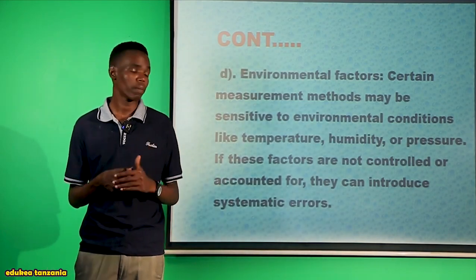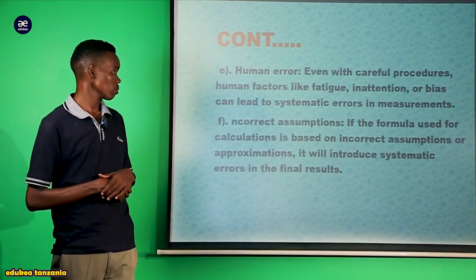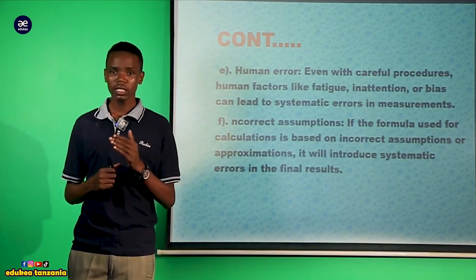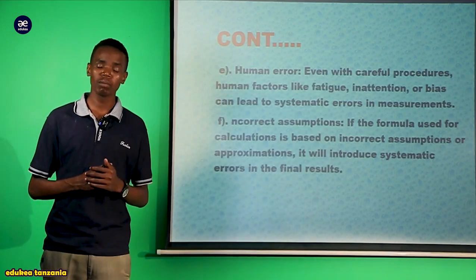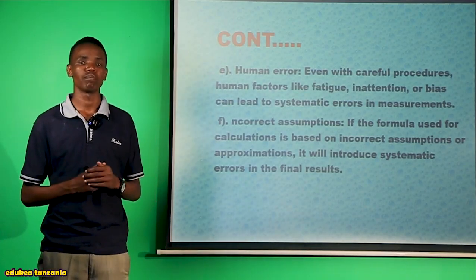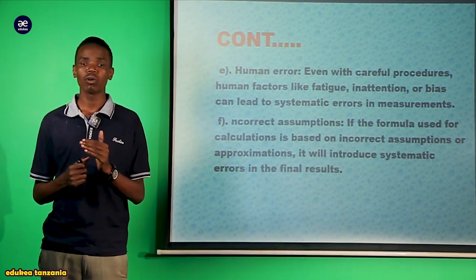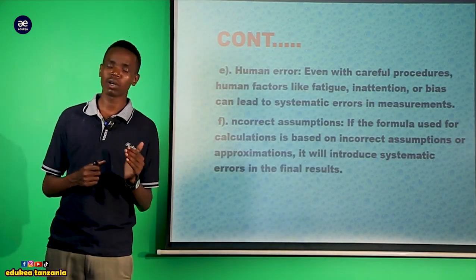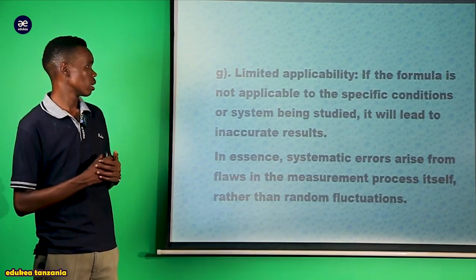Also, we have human errors. With these human errors, my dear student, we are looking at problems that can affect the human body. Kwamba unamkuta mtu mwingine anakuwa na changamoto ya kuweza kusoma data. Hilo na lenyewe ni tatizo ambalo linaweza likapelekea the occurrence of the systematic errors. Another is limited applicability. Here we are going to see how we apply the formula.